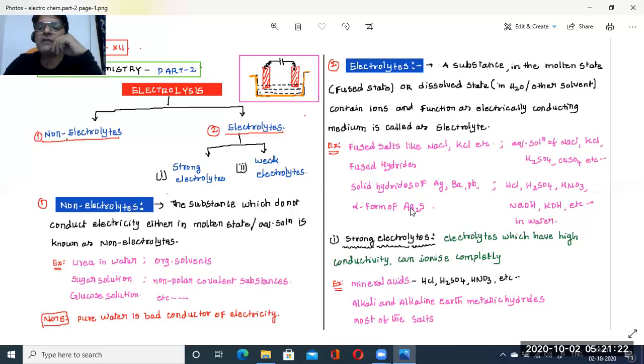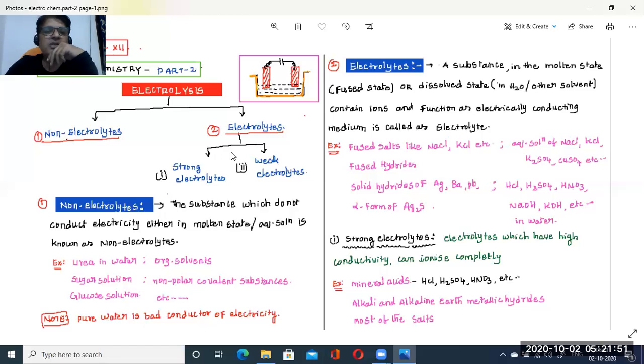And aqueous solutions of sodium chloride, potassium chloride, potassium sulfate or copper sulfate. So these are all examples of electrolytes, like HCl, H2SO4, HNO3. These are examples of mineral acids. These are mineral bases, NaOH and KOH, etc., present in water. So that's why we can simply call these examples mineral acids or mineral bases.